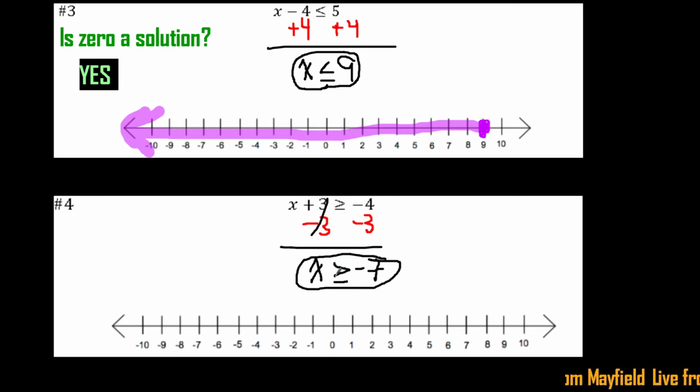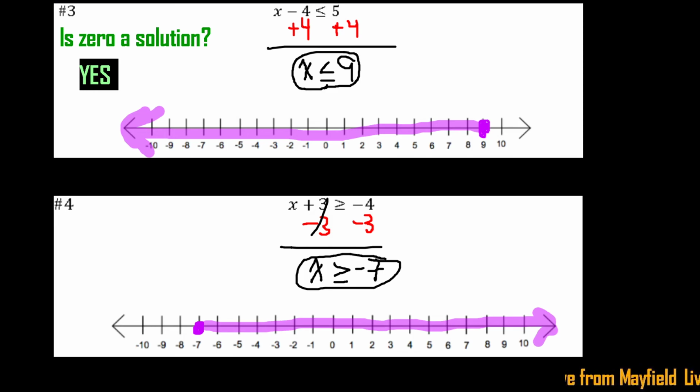Since we have a filled in line, meaning there's a greater than or equal to symbol there, we're going to make sure that we have a filled in circle. And so we go to the point where it has a -7, and we have a filled in circle. Then we can take your highlighter, and we're going to shade everything to the right. So again, notice how it's pointing to the right. So everything to the right is a possible solution.